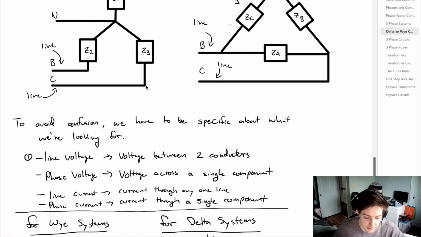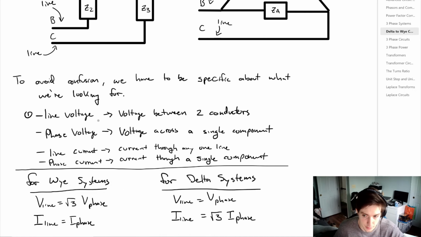And then additionally, we define a line current as the current through any one line. So again, that would be something like A to B, A to C, C to B, etc. for either case. And then we have the phase current, which is the current through a single component. And this is where we get back to the equations that we looked at above, where we had for the Y system, we had that square root of 3 between the line and the phase voltage.